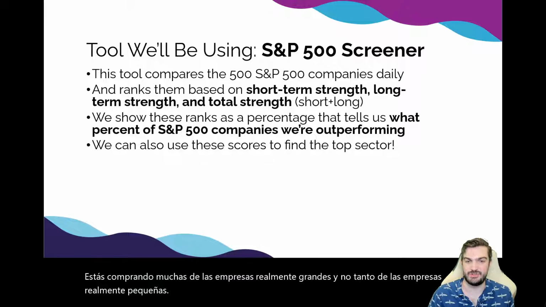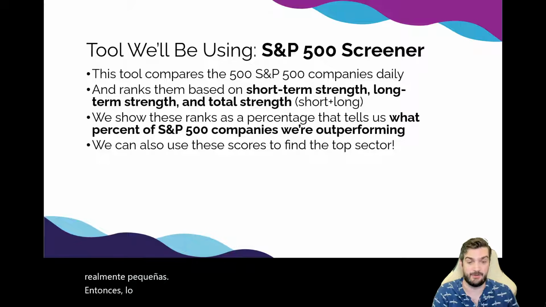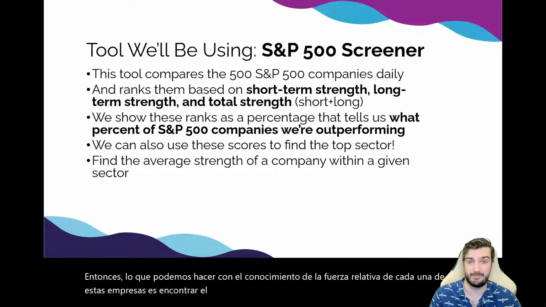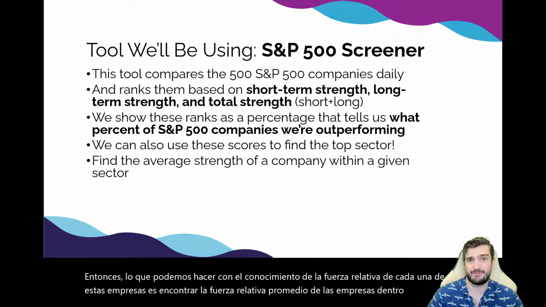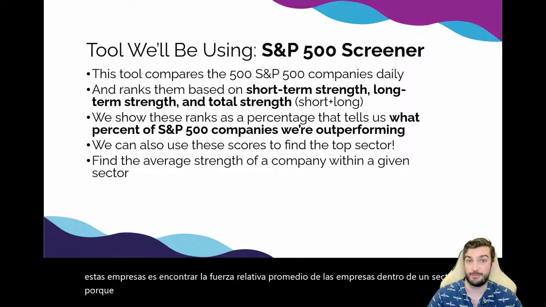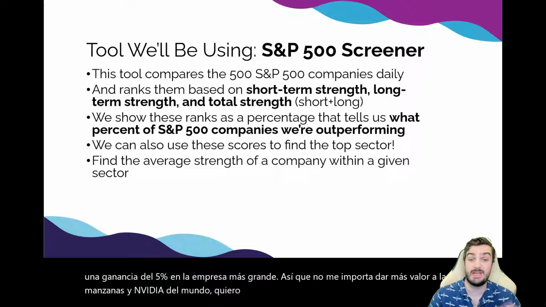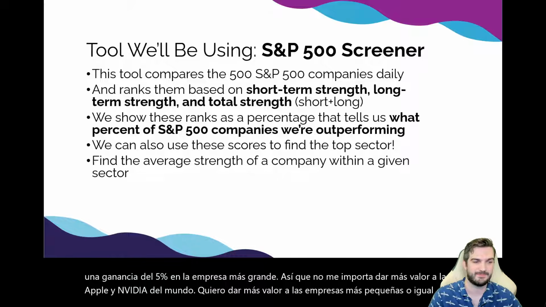So what we can do with the knowledge of the relative strength of each of these companies is find the average relative strength of companies within a sector. Because after all, a 5% gain in the smallest company is the same as a 5% gain in the largest company. So I don't care to give more value to the Apples and Nvidias of the world. I want to give equal value to the smaller companies.